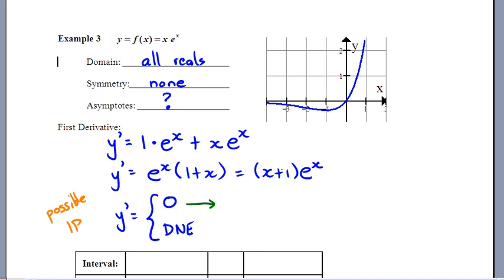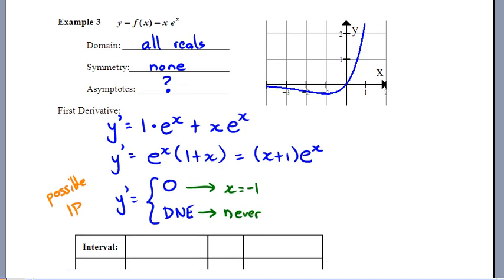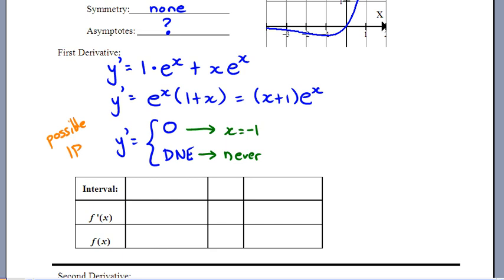Well, I can see this nice binomial. How about x is equal to -1? And you can't make an exponential 0, so I think that's it. And as far as busting it, no, that's a never. You can't hurt that thing. So we've only got one interesting number. Oh, I said possible inflection points. I was getting ahead of myself there. My bad. These are critical points. Sorry about that.